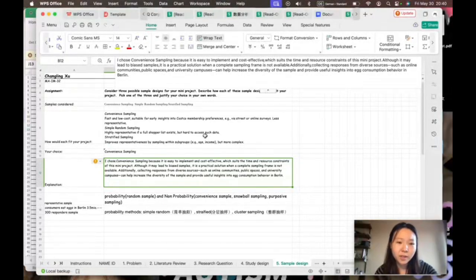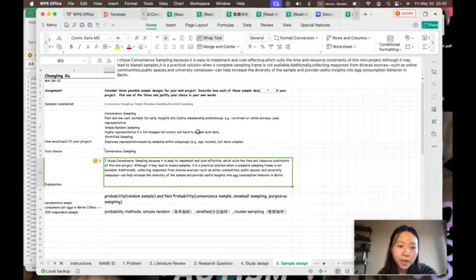It covers convenience sampling, simple random sampling, and stratified sampling. Convenience sampling is fast and low cost, suitable for early insight into Costco membership preference, like via an online survey, but less representative.